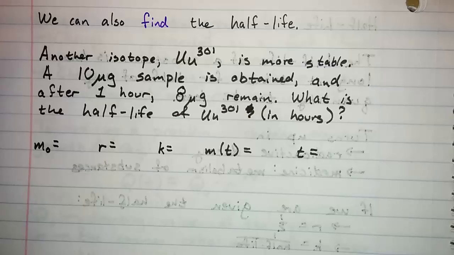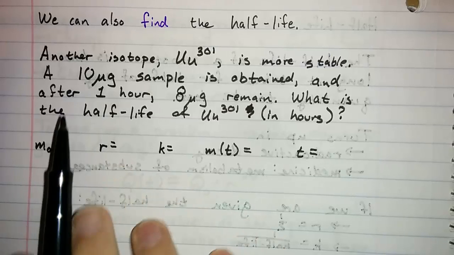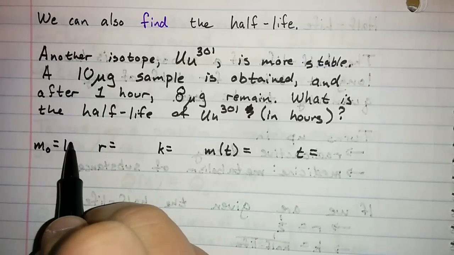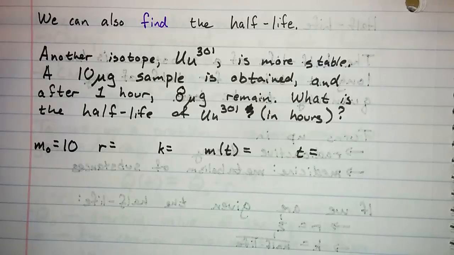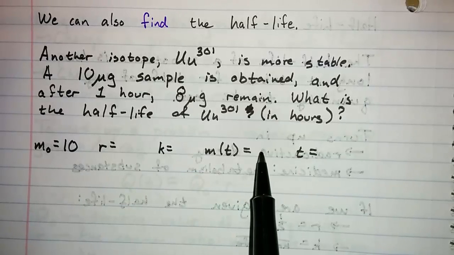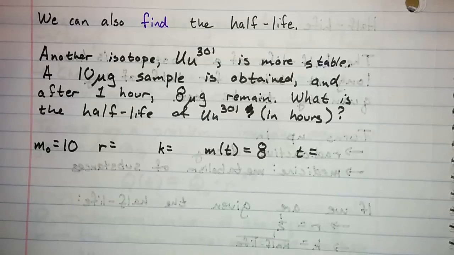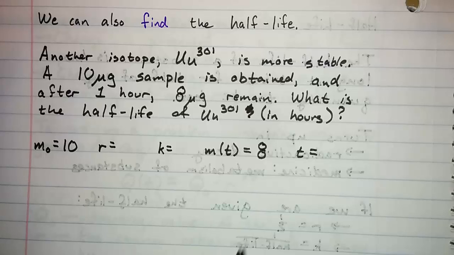This is tricky, right? We know a starting amount. We started with 10 micrograms, and we know the final amount. It's going to be 8 micrograms. We know how long it took to go from here to here. It took 1 hour.